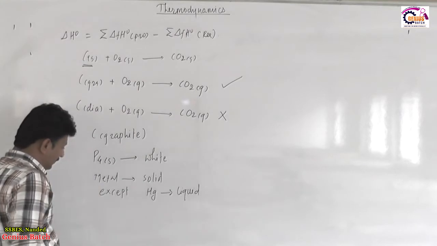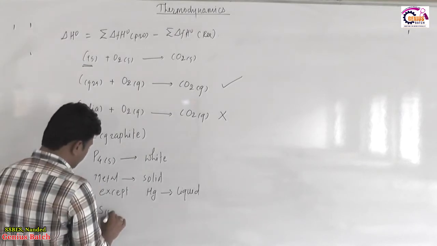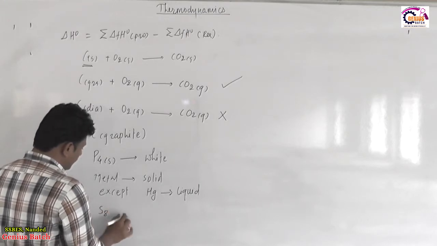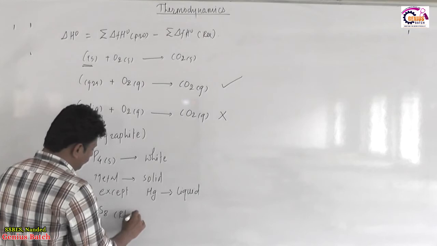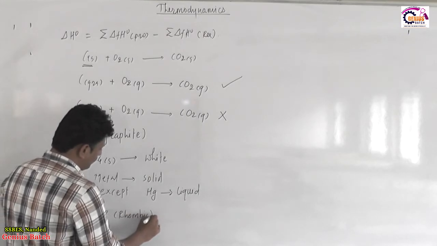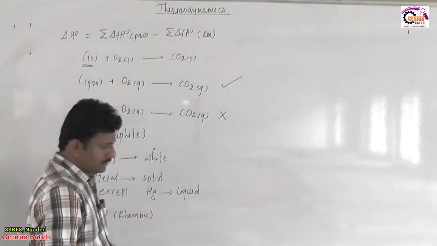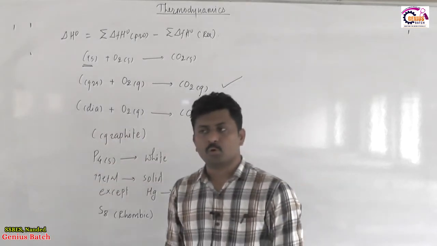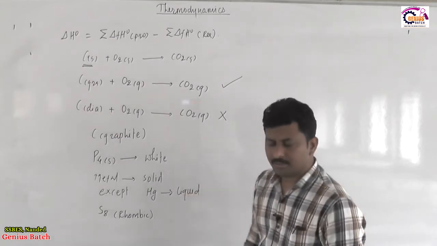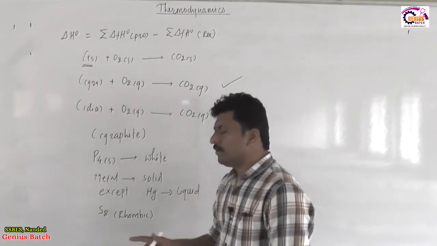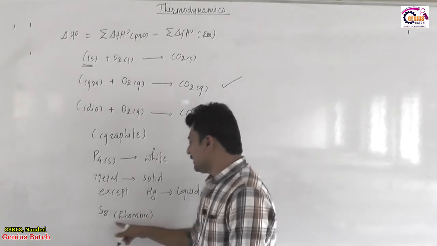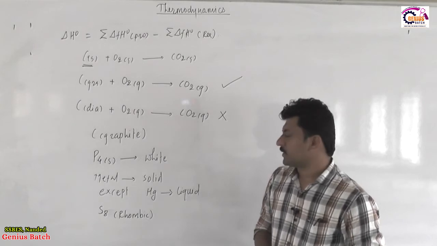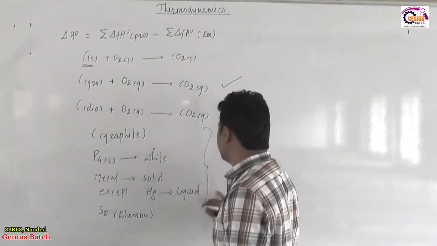Then sulfur, which is also a non-metal, commonly an S8 unit. Various sulfur allotropic forms are there which we will see later: milk of sulfur, sulfur rhombic, monoclinic, orthorhombic are the various allotropic forms of sulfur. Out of the different forms, S8 in rhombic form is considered the standard state of sulfur. Okay. So these are standard states.